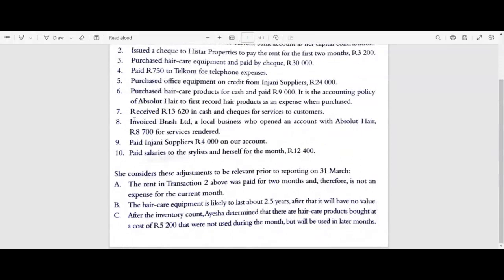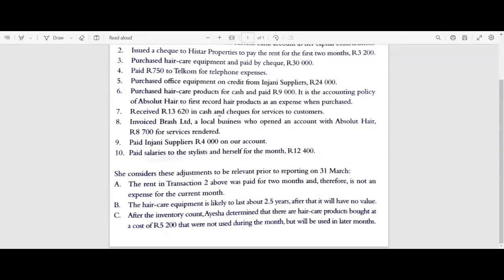Then finally we get some money. We've just been spending some money. So finally now we also receive money. So here they say received. Now this is transaction number 7. Received 13,620 rands in cash. And like we said on Monday, we assume that all of the cash has been deposited into our bank account.